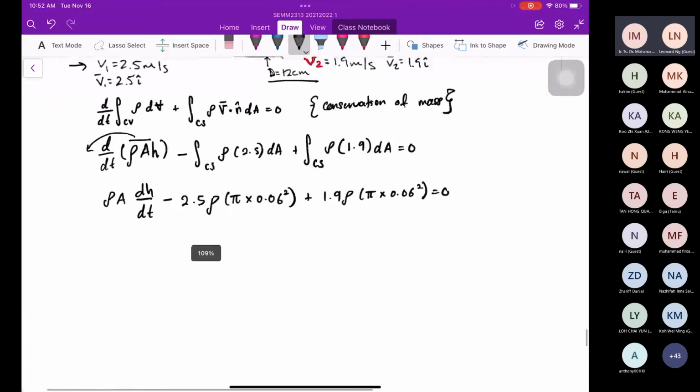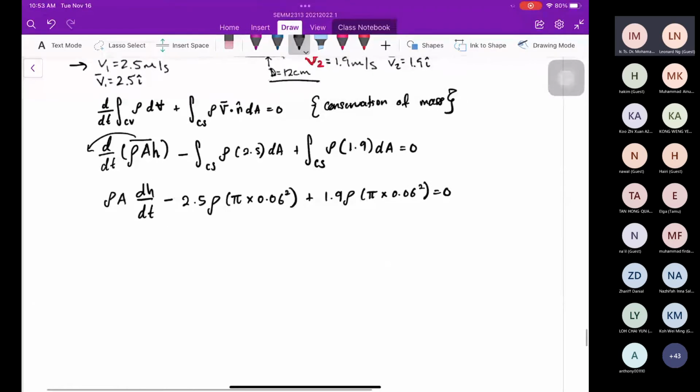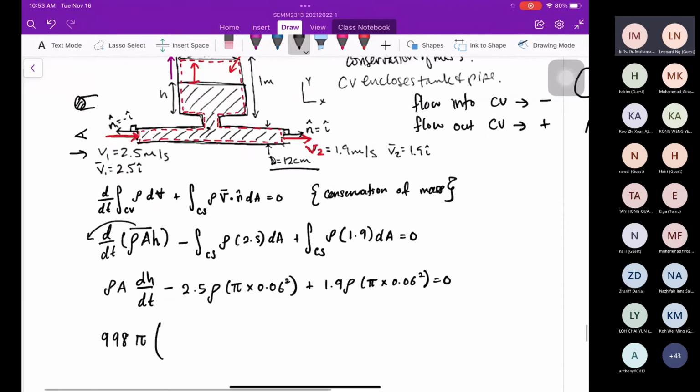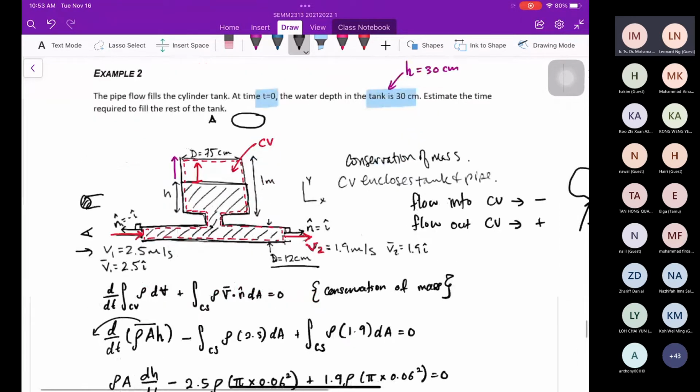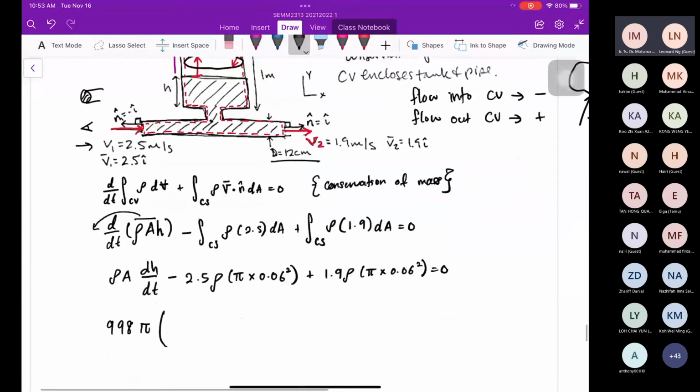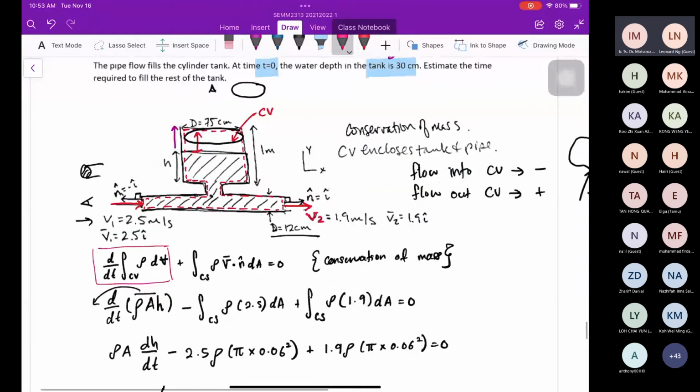So after you solve this one, the density of water is 998, or you can put 1000. It's okay, don't worry. Area is pi, area of what? Area of this one, because this is referred to the control volume. Control volume refers to the top one.